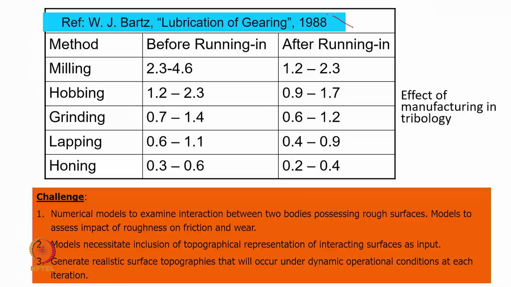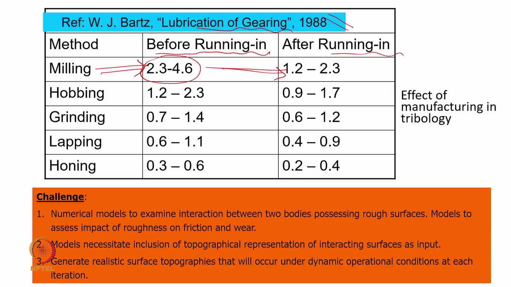In the book published by Bartz in 1988, Lubrication of Gears, he has very clearly shown the situation before and after engaging gears in operation. When the gears were milled, the initial surface roughness varied from 2.3 to 4.6. Of course, after a number of years it reduces to 1.2 to 2.3.